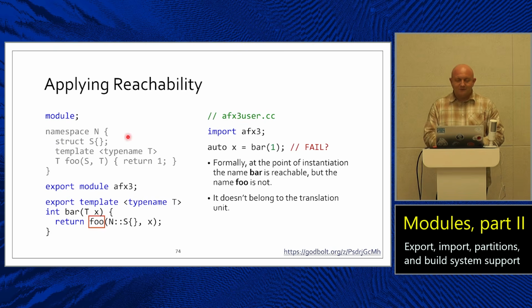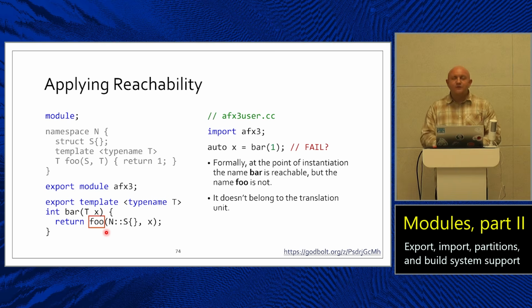And now let's look at this example, and this is great because it is like it came from a header. Here we have a function foo sitting inside namespace N and a template bar that calls it. At first glance, this looks harmless, right? But think carefully.